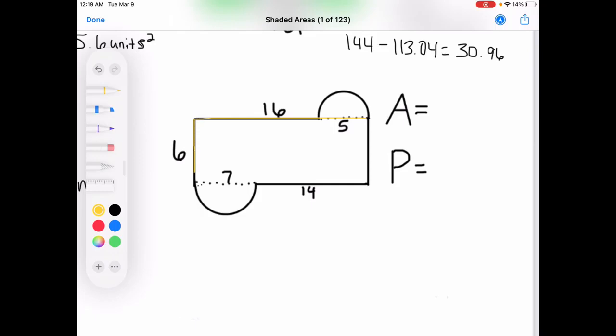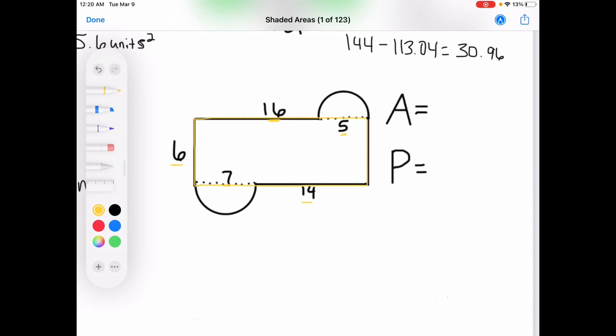So if I ignore the semicircles, I have a rectangle that has a height of 6 and a width of, well, I see this is 14 and I see this is 16 up here, but I also have to take into consideration the width of the semicircle. So since this is 7, that would be 14 plus 7, which is 21.